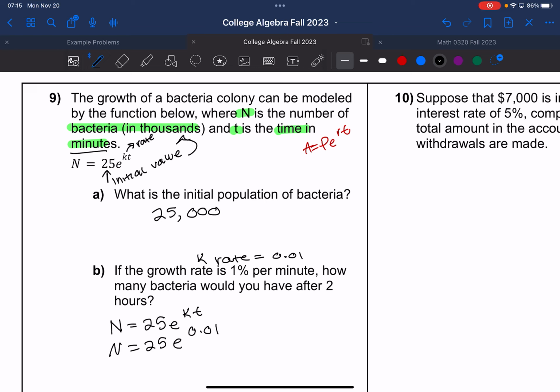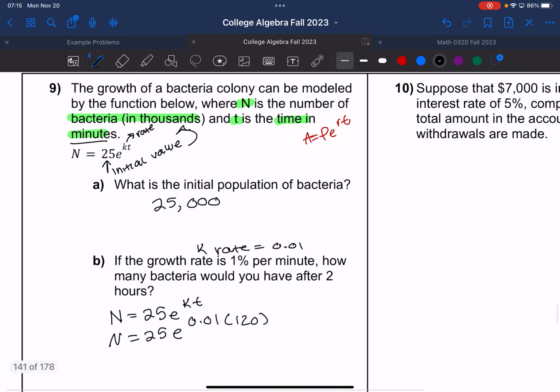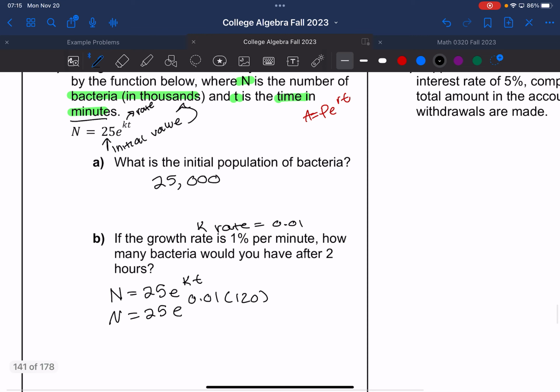So if our time is given as 2 hours, how much is 2 hours in minutes? 120. So times 120. If we plug that into our calculator, we should get n is equal to 83. But since n is in thousands, our answer is actually what?